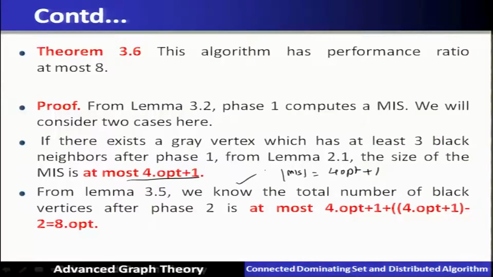Now in phase 2 we require, let us say, MIS size minus 2, that is, 4 opt plus 1 minus 2. These are the connectors. So in total, if we count, it becomes 8 opt, and this 1 and 1 will go out. Hence the performance ratio of this algorithm is 8 opt.